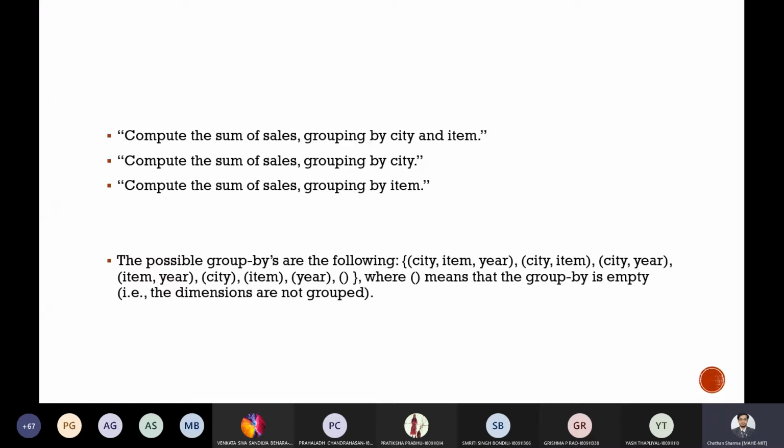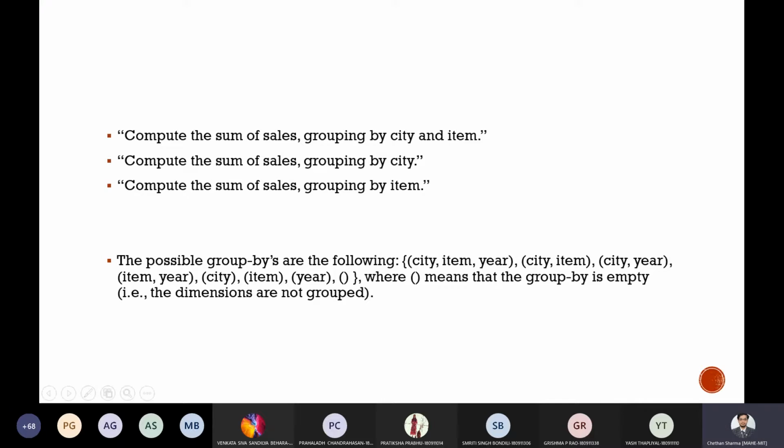The possible group bys I have put in the slides: city, item, year, city-item, city-year, item-year, then city, item and year together, and empty brackets.